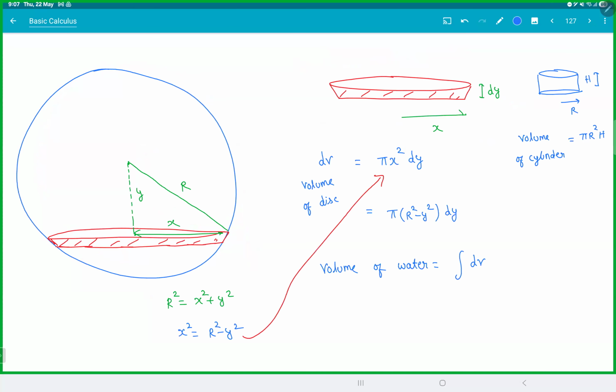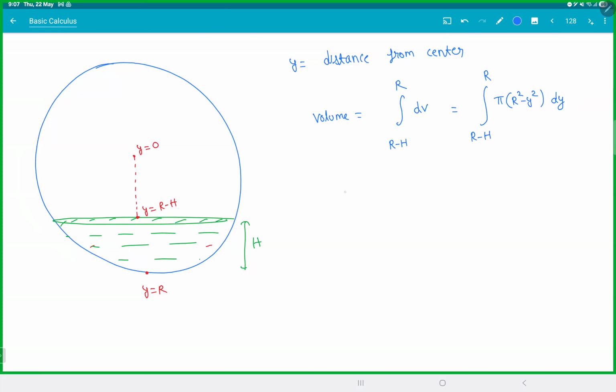Any doubts on this step? Anyone not clear? Please ask. So I just have to integrate this guy, pi into r square minus y square dy, and the limits will go from r minus h, the starting point, to the ending point r. Sure?